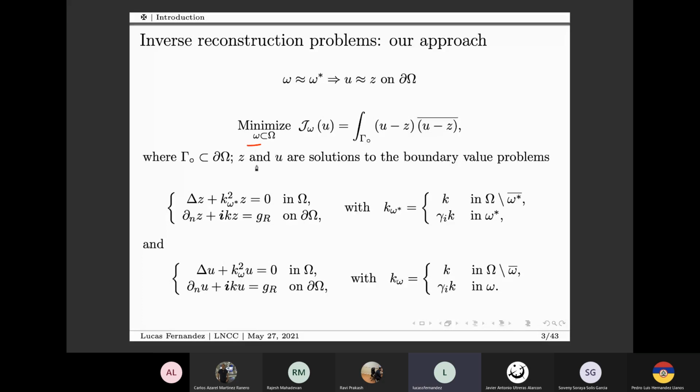So again, if the set small omega is an accurate reconstruction of the set omega asterisk, then the value of the shape functional must be approximately equal to 0, okay? Because U is approximately equal to Z on the boundary of the domain.